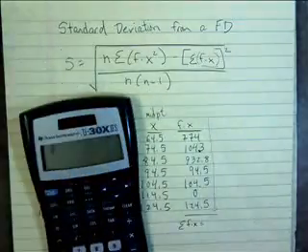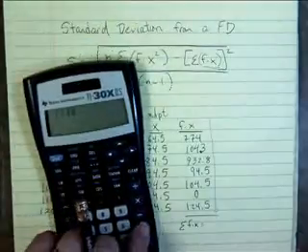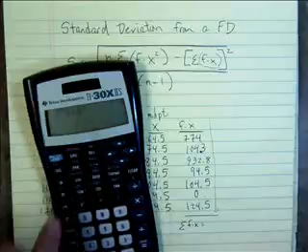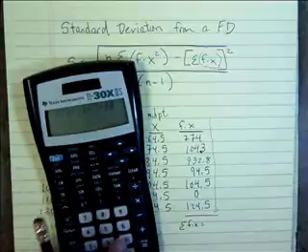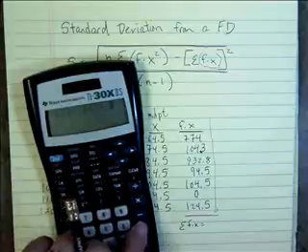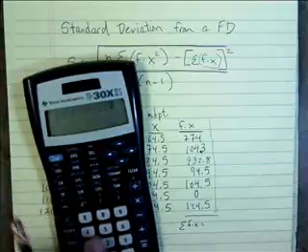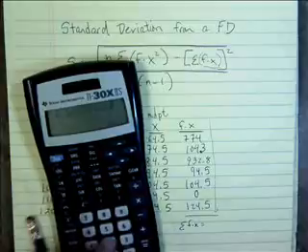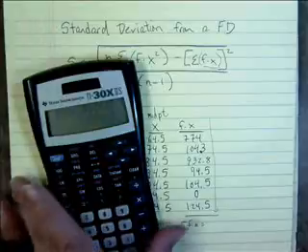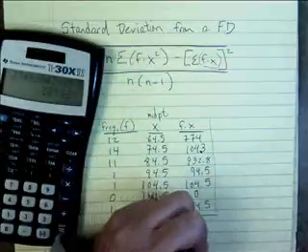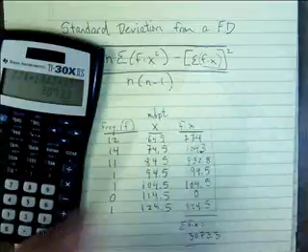So if I say 774 plus 1043 plus 932.8 plus 94.5 plus 104.5 plus 124.5, what I'm getting is 3073.3. And this quantity will go right here.